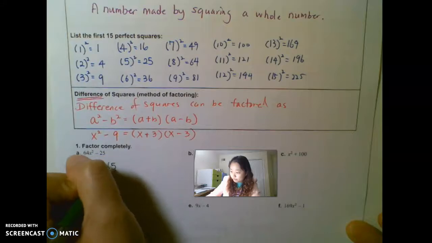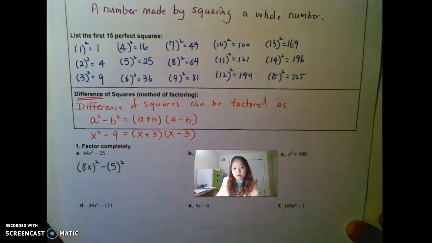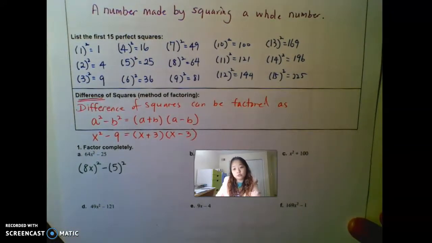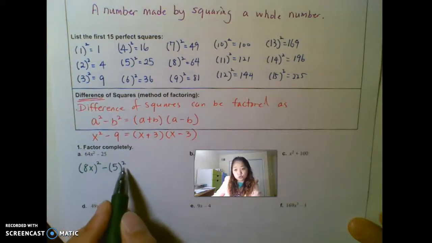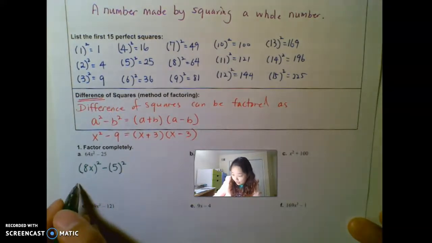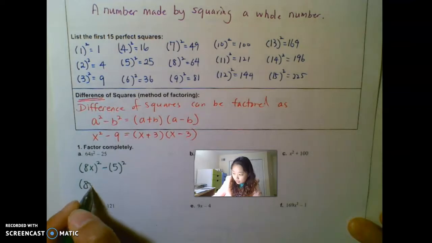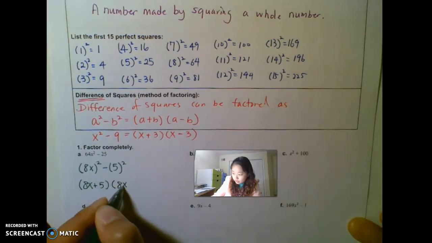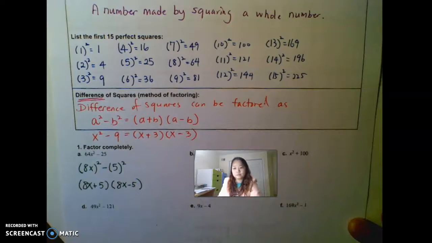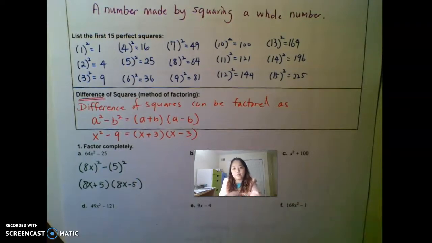I'm turning 25 into 5 squared because 5 times 5 is 25. So do you see how they're a difference of two squares? So now we can write this as 8x plus 5, 8x minus 5. So that's how you can factor 64x squared minus 25.